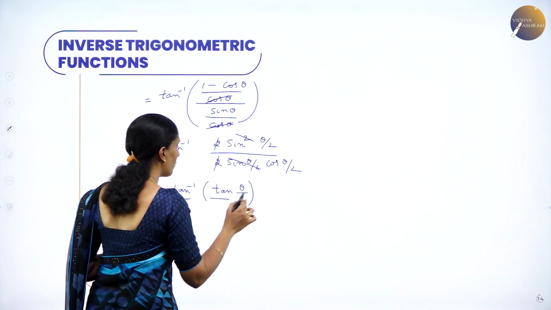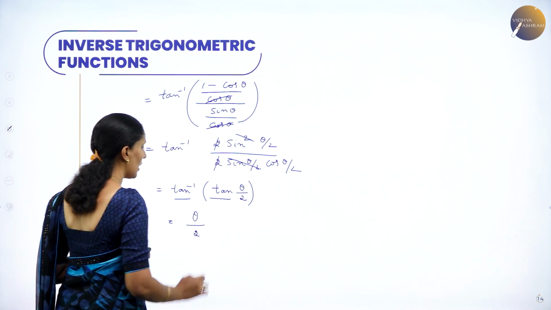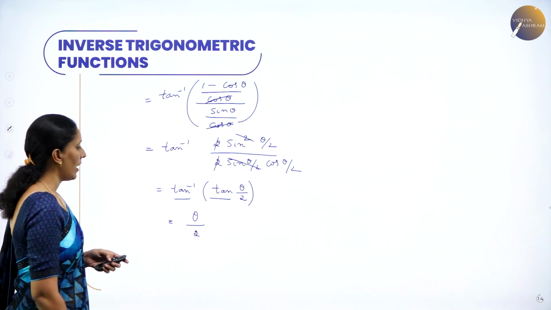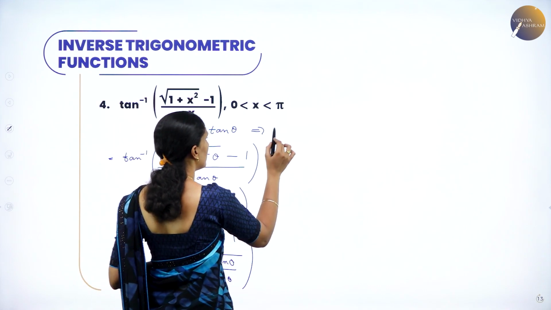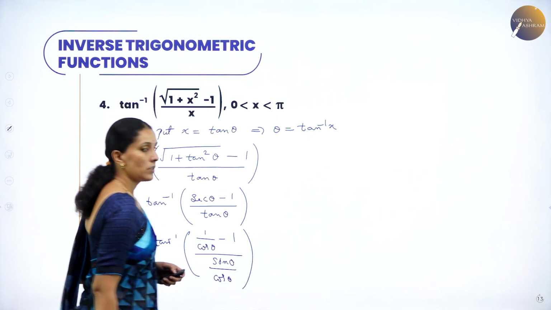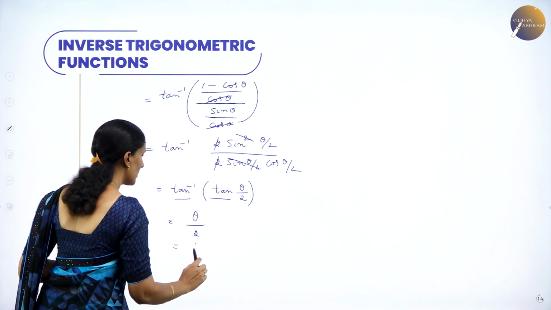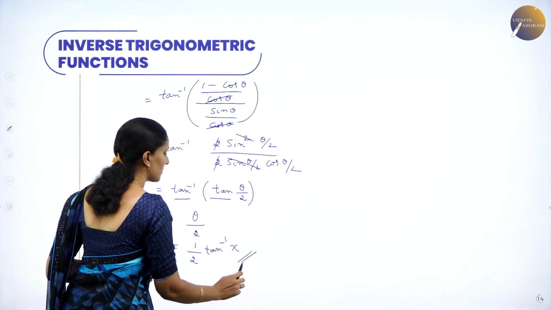So tan inverse of tan theta by 2 is theta by 2. So the value is theta by 2. And theta is here tan inverse x. So therefore the value here is 1 by 2 tan inverse x.